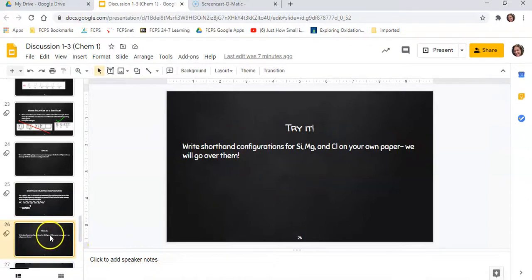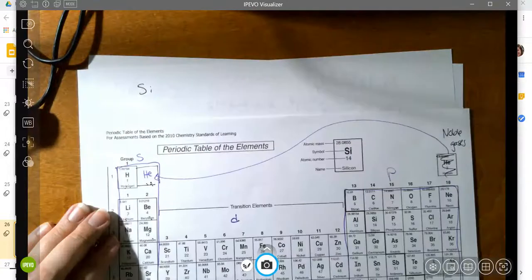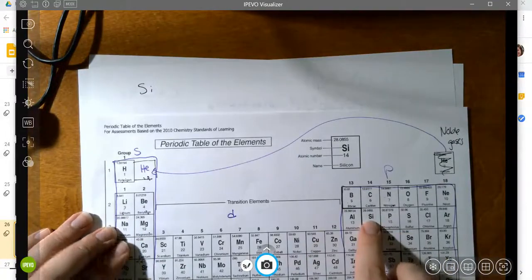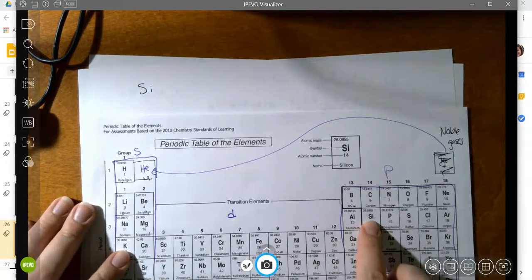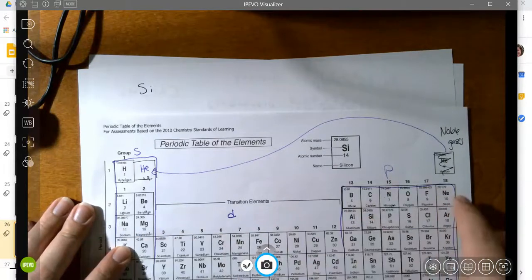All right, so let's do one more example together. Let's do silicon, and then I'll have you try magnesium and chlorine. All right, so silicon would look like this. Here's silicon. What noble gas did I get to right before silicon? Looking backwards, it was neon.